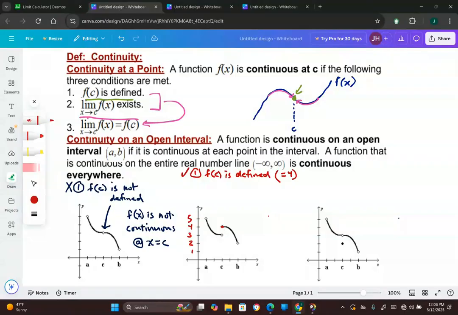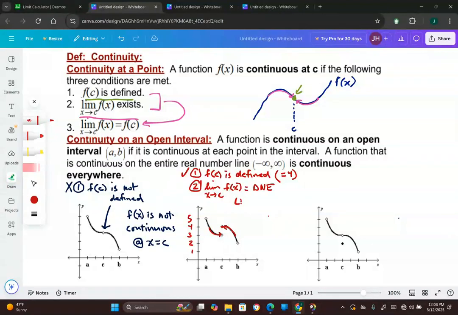But the second thing that has to happen, the limit as x approaches c of f of x has to be a number. It has to exist. Well, it looks to me here like the limit from the left over here is approaching 3. The limit from the right over here is approaching 4. So this limit does not exist. In fact, I'll give you a reason.